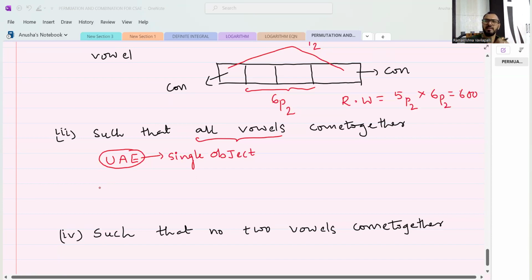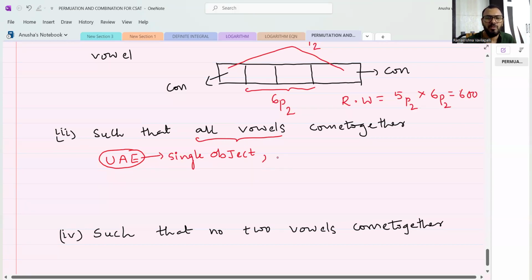It is like when parents along with children are going to a movie, they all want to sit together. Of course, we can arrange internally among themselves, but at any cost, they all must sit together. So here U, A, E, all 3 letters together can be considered as a single object.